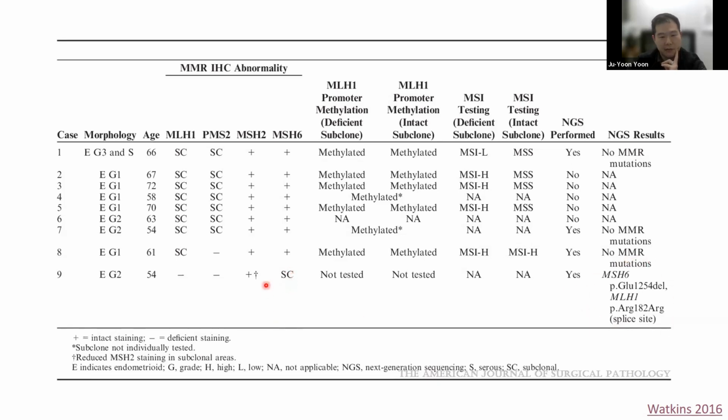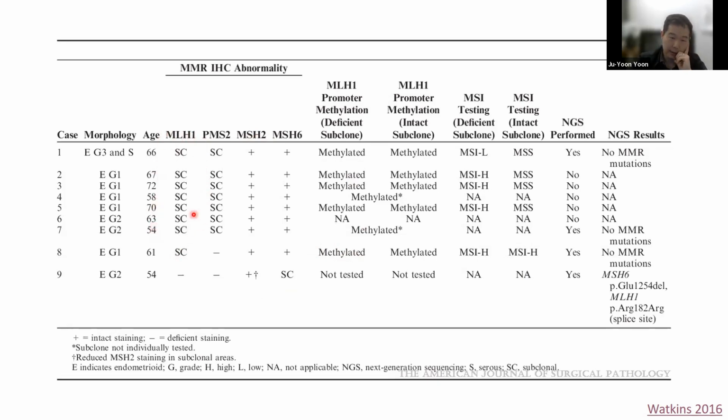They did have an in-frame deletion in MSH6, and a splice site variant in MLH1 that had loss of MLH1 as well, and subclonal loss of MSH6. Not sure if that really lines up.